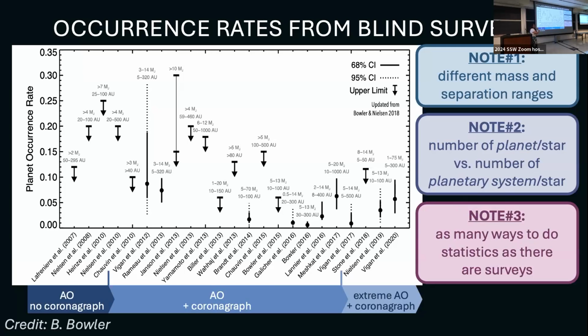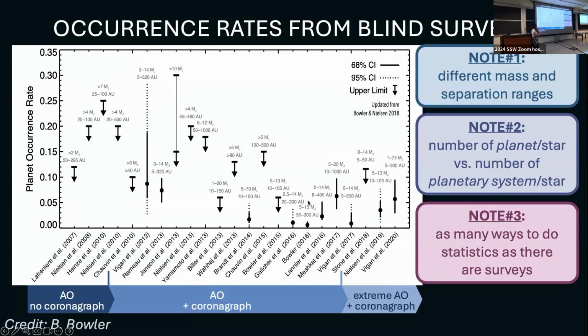So there's N stars in my sample that have at least one planet or brown dwarf in the range I'm looking at. So it's basically a question of whether you count HR 8799 as one planetary system out of your N stars or as 4 planets out of your N stars. And given that we don't have that many planets, that changes that number quite a lot. So again, something to be careful about: make sure, if you're trying to compare these numbers, that you check how things have been done.